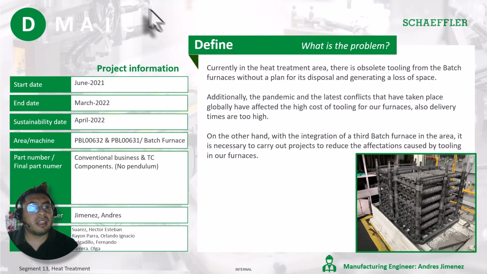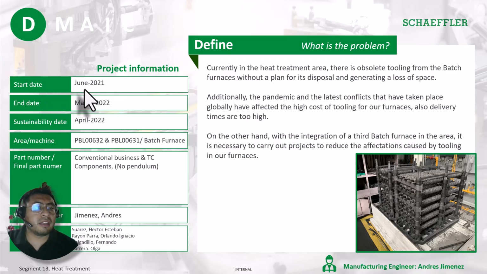The methodology is called DMAIC because we have to give a solution in D, M, A, I, and C. According to the problem, I'm going to explain a little about this, but in this case, this is the letter D, where I'm going to define what the problem is. And here I'm going to give you an explanation about the project that I faced at the moment.